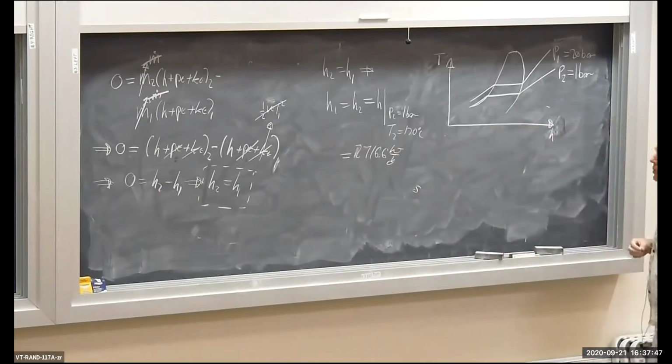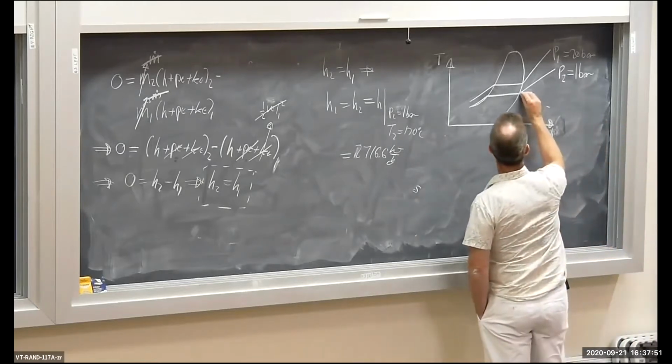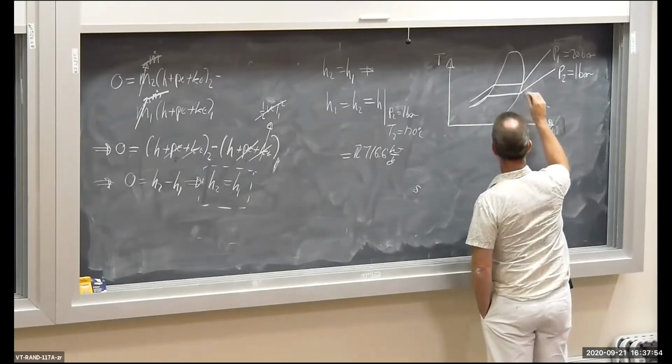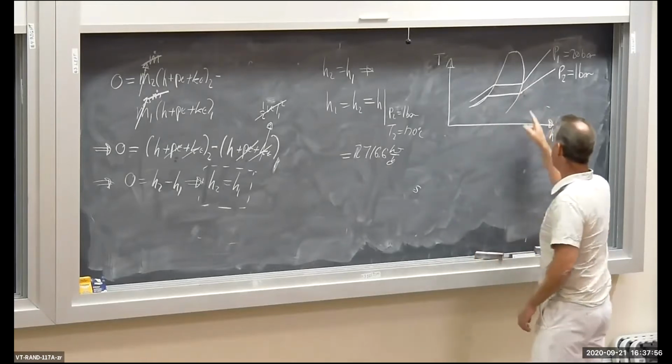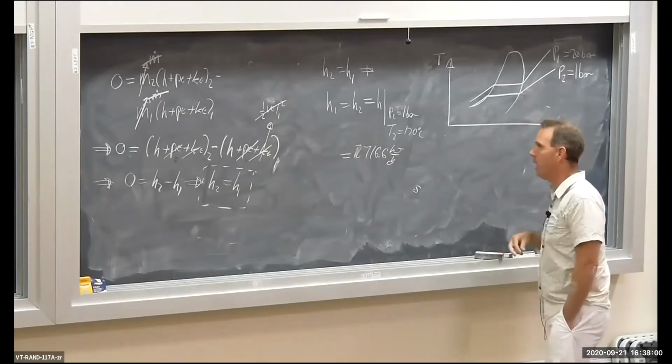Now P2 is a superheated vapor, so we're like right there. Well, we'll see in a minute. But presumably we're in the superheated vapor region on the P2 isobar.